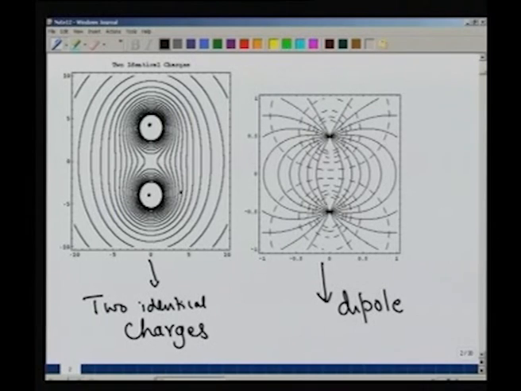Here also, very close to either of the charges, the equipotential surfaces are all spheres. Here the equipotential surfaces are shown by broken lines, the field lines are shown by the closed continuous lines. In this figure the field lines are not shown, but we know how to indicate them. All that you have to do is to draw perpendiculars.